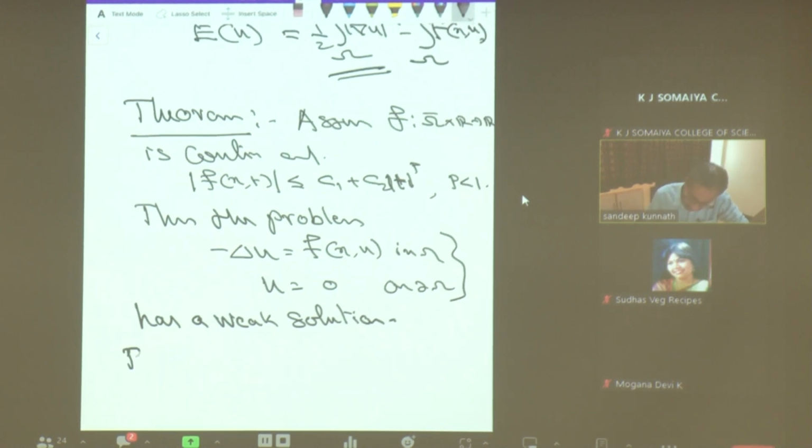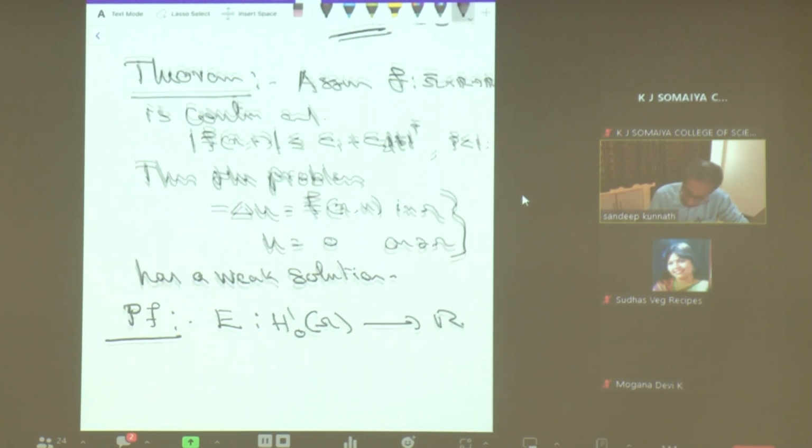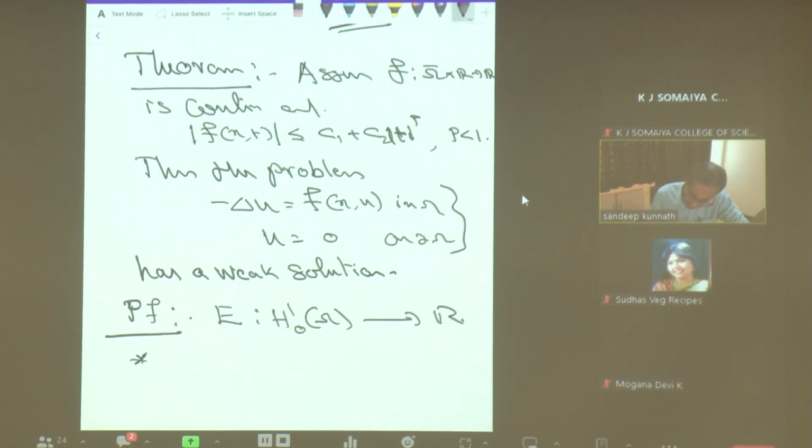So the proof is just by showing that in this case E, which I can define from H_0^1 of omega to R as defined before, satisfies the following. The first thing is that H_0^1 of omega is reflexive, and the second one is you have to show that this E is coercive.